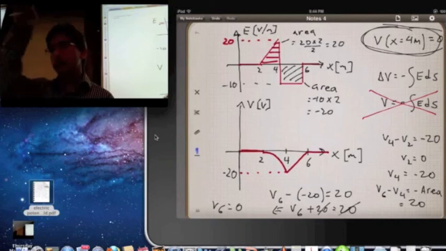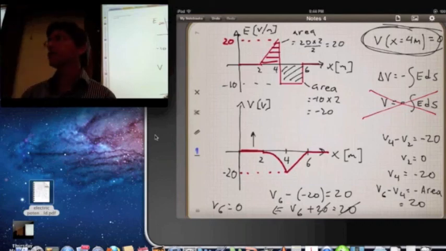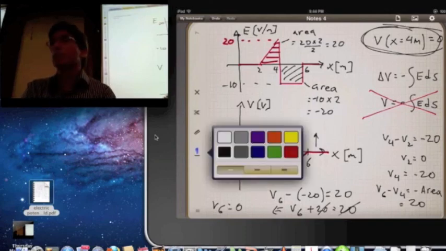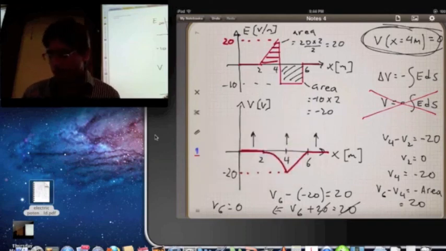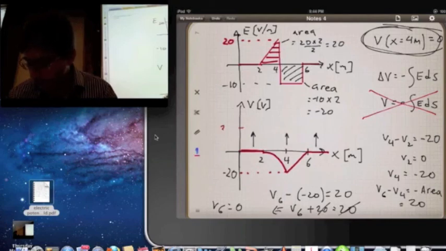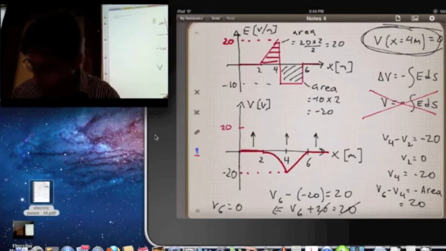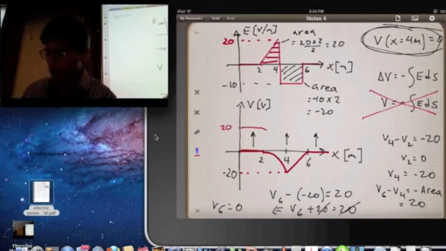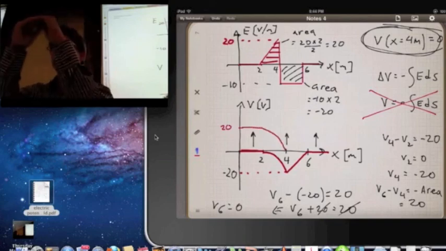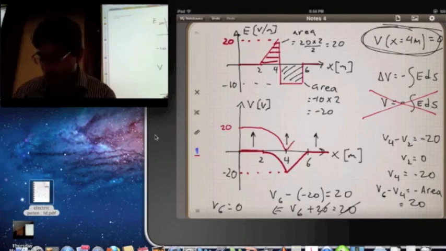So just by moving this plot up or down, I'm not changing the physics of it. The connection between the electric field and the V will be unaltered if I do that. So I'm going to have to move this plot. So all I have to do is move it 20 up to satisfy that the potential at x equals 4 is 0.